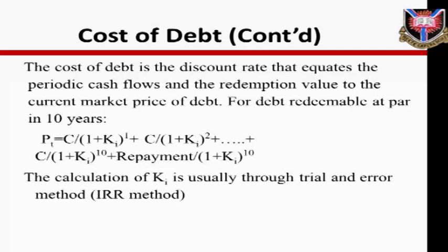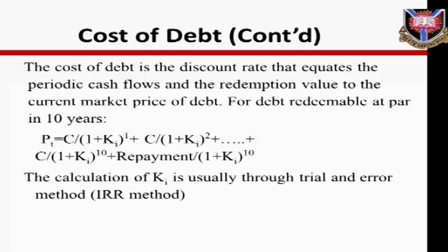When a bond or debenture is issued at par and is to be redeemed at a future time, then the before tax cost of debt is K equals I over P, which is equal to interest over principal.